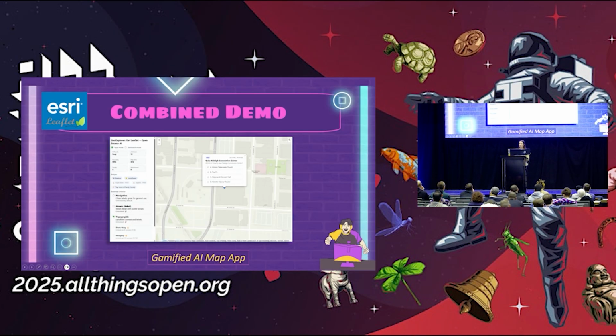Now, I do have a full combined demo, and this is going to be one where I've used a lot of different things to put it together. So I've used everything that we've talked about so far, along with another two open source libraries, actually. We're using the mapping library Leaflet, and then we are also using a plugin, which is Esri Leaflet.